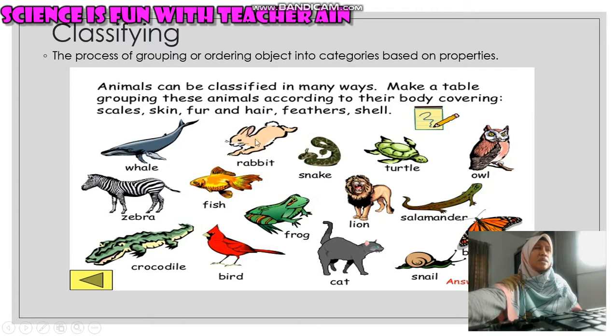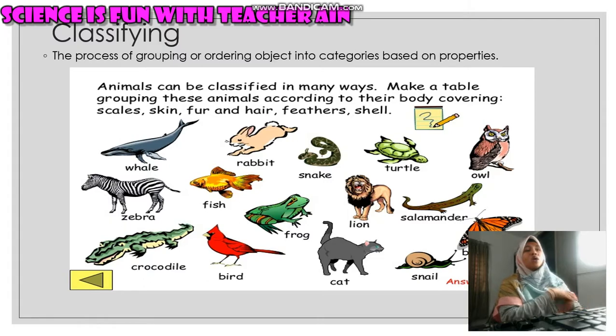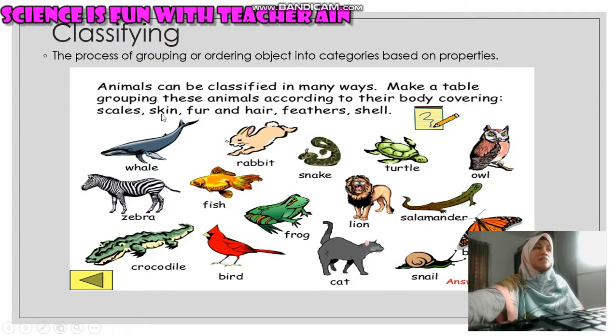It can be classified in many ways. For example, you can make a table grouping these animals according to their body covering. Body coverings is what covers their body, maybe hair or feathers, scales, skin, shell. Here you have to identify the properties first, and then you group it.